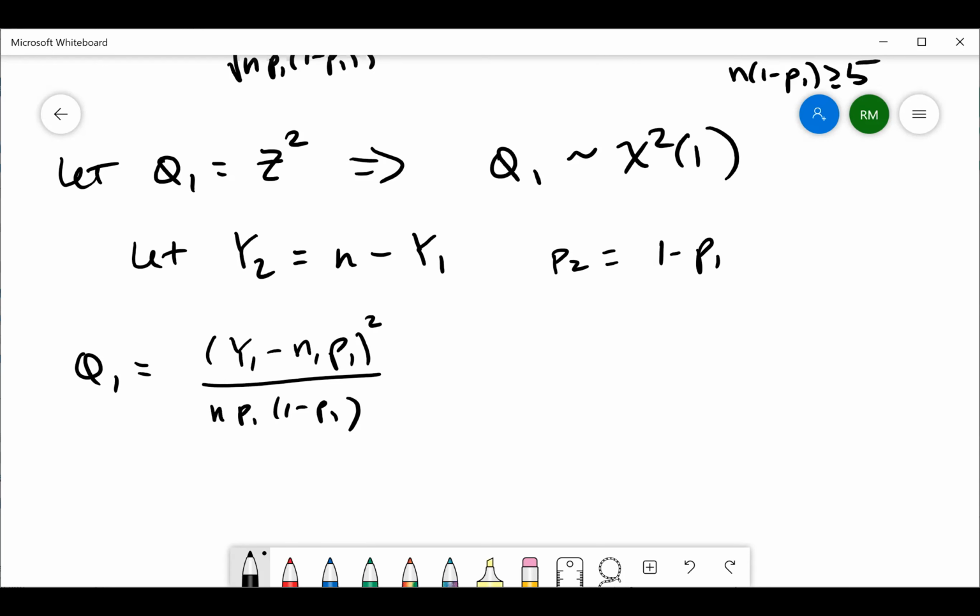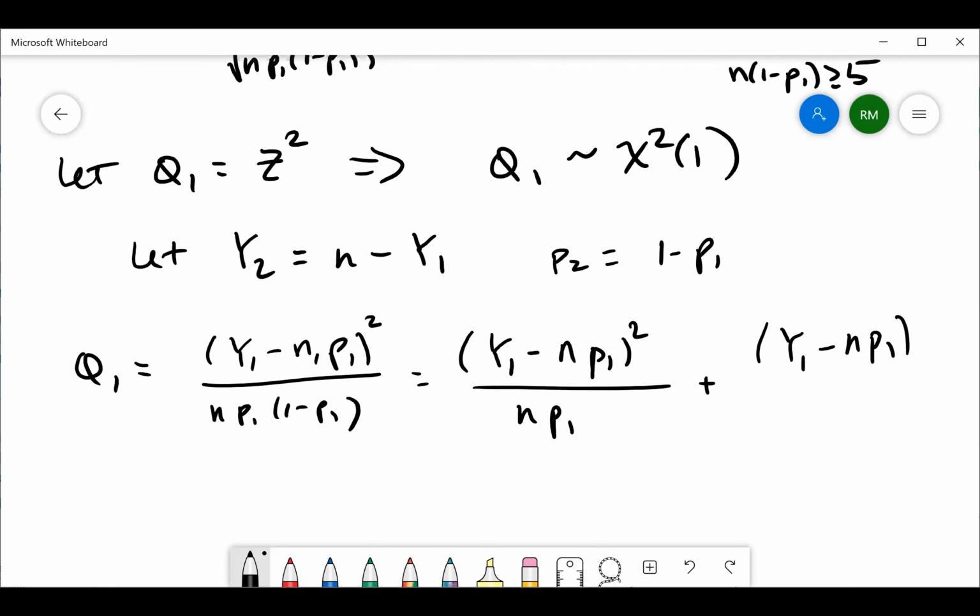If we did a little more algebra, you would find that this is actually equal to y1 minus np1 squared over np1 plus y1 minus np1 squared over n times 1 minus p1.